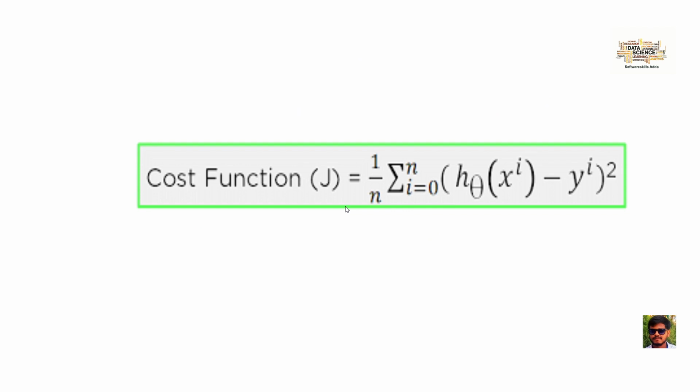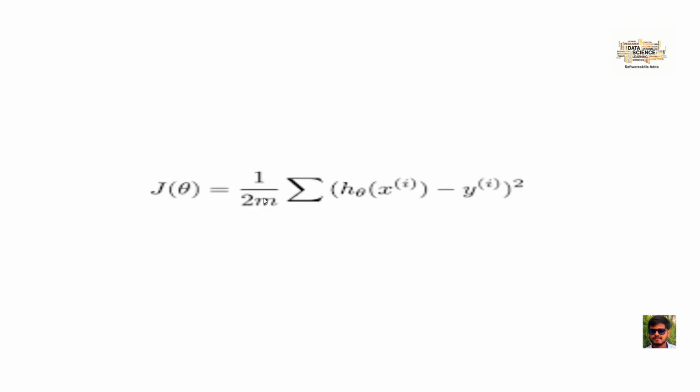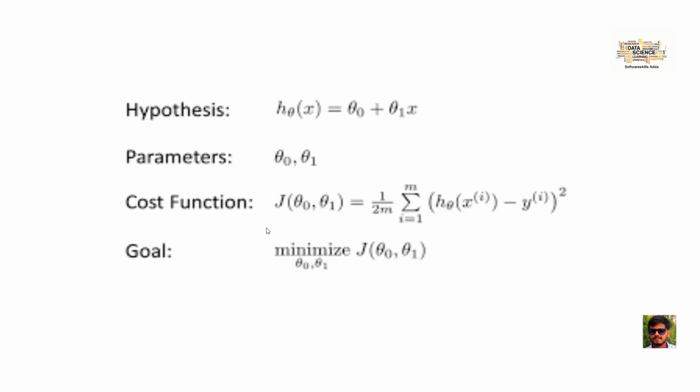For that we use another formula, where we add the 2 here and use the derivative. To minimize the cost function we use this formula, by updating the theta naught and theta 1 values. To do this updating, we use the convergence algorithm.